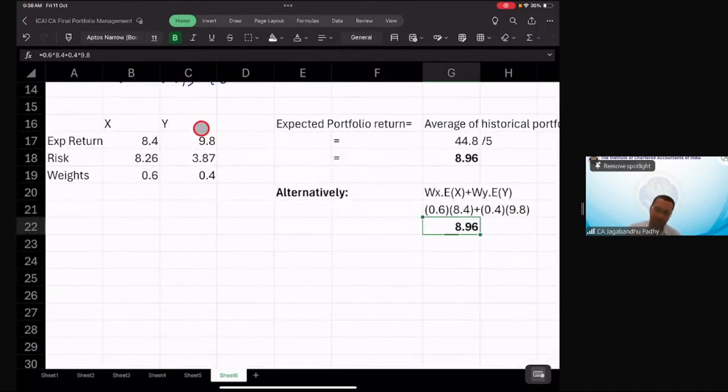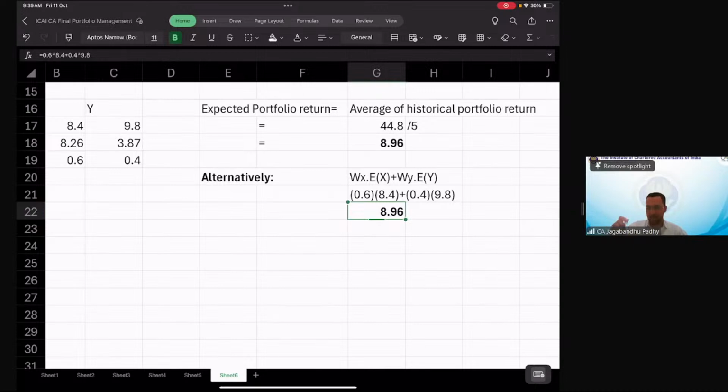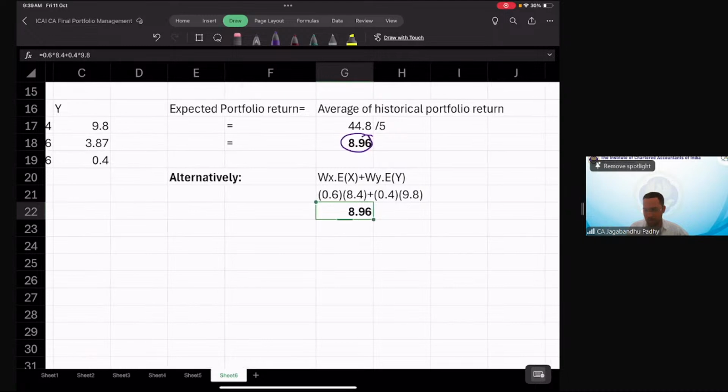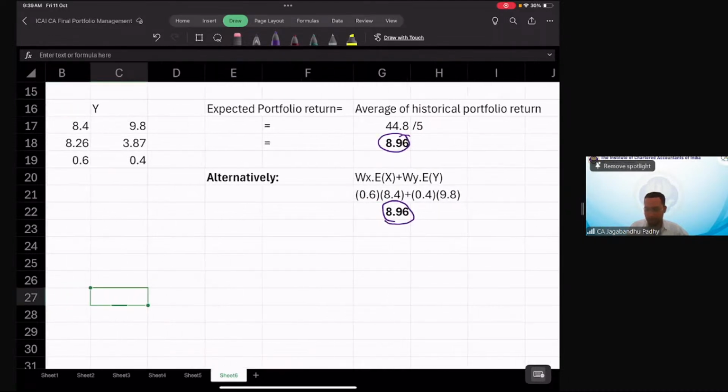No. It is sufficient if I know the expected return of individually X and Y. If I know that expected return of X is 8.4, expected return of Y is 9.8, and my portfolio is going to be created with certain weightage, I can simply take the weighted average and get the number as 8.96. So of course we can observe that both the numbers 8.96 are matching each other, right?